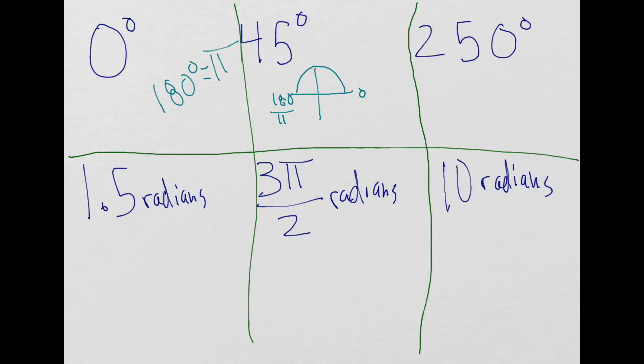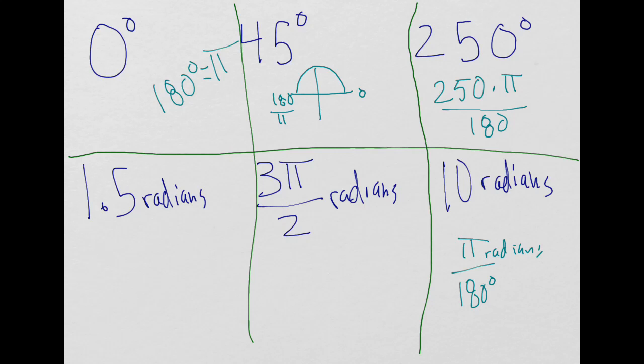For example, I'm going to actually start with problem number C, 250 degrees. To convert that into radians, all you need to do is take 250 and multiply that by pi divided by 180. And again, that pi over 180, that's our conversion factor because there are 180 degrees in pi radians.